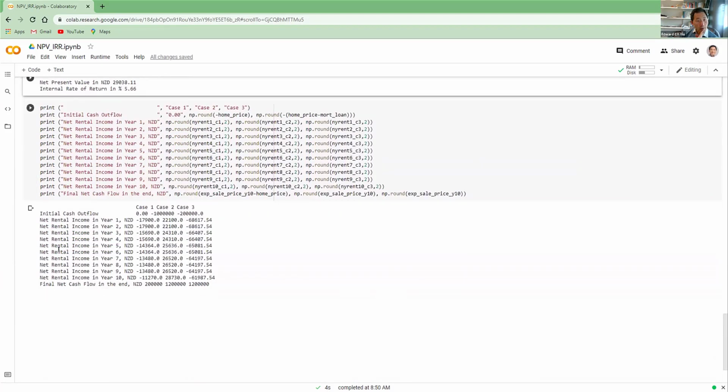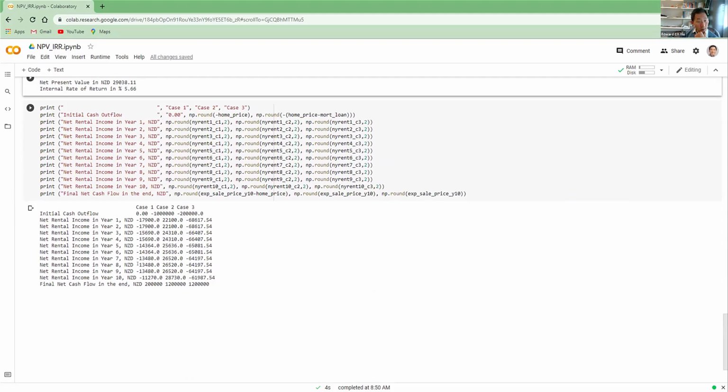So here is a comparison of the three cases, case 1, 2, and 3, and the initial cash flow of the three cases. For the first case, you borrow 100% from the bank, so you do not have any cash outflow. For the second case, you pay 100% from your own savings, so the initial cash flow is negative 1 million. But for case 3, you just paid 200,000 as down payment.